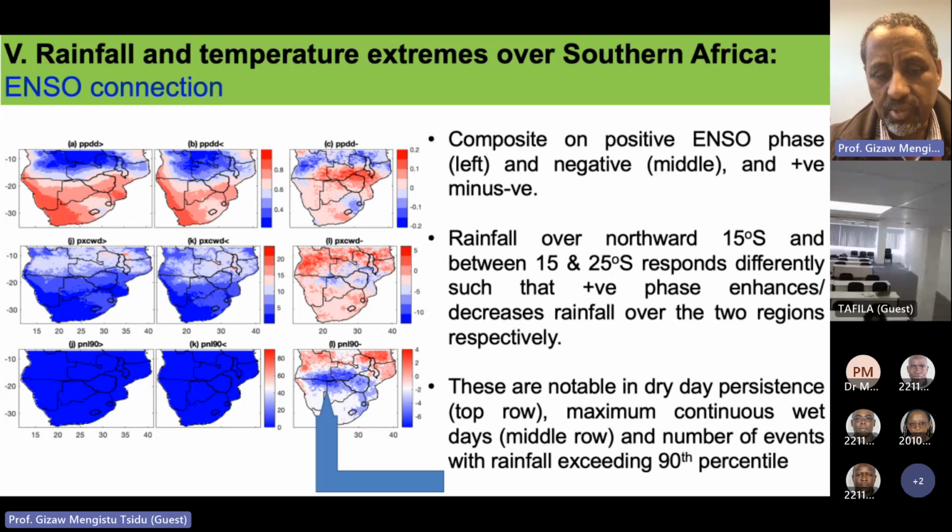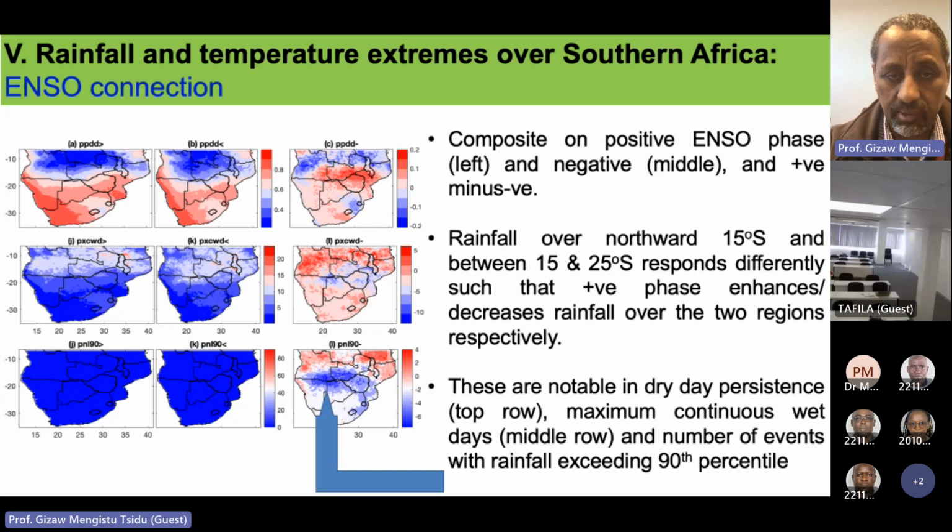But the point is, which evidence is more outweighing when we compare the two extreme arguments or views on climate change. So it's important we should also look at ENSO. Whether ENSO is connected with some of these impacts in the region.